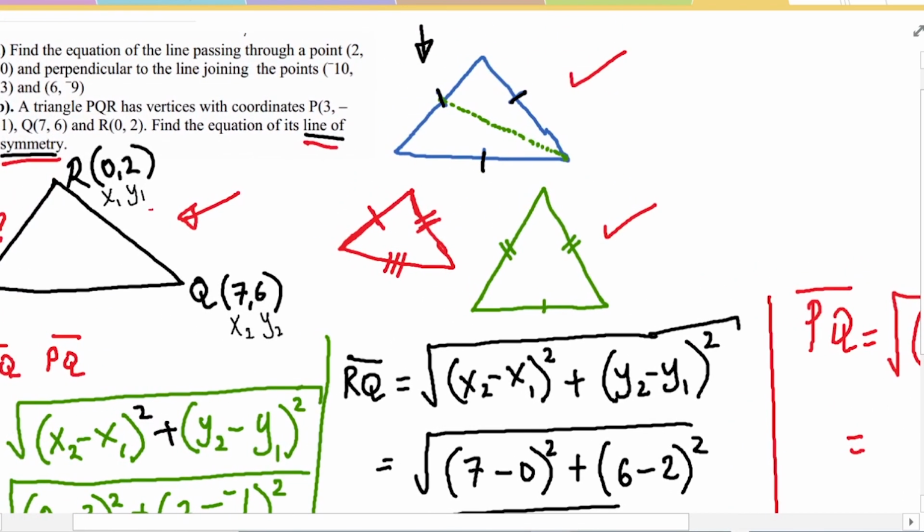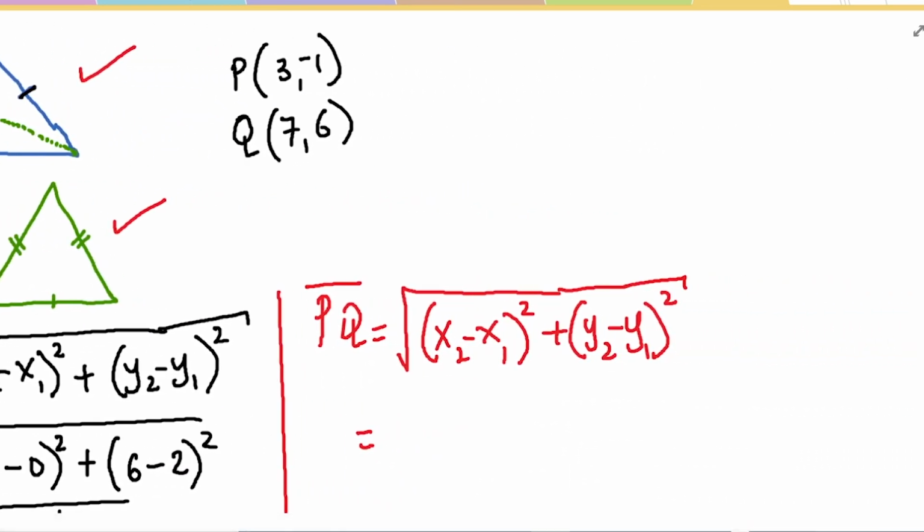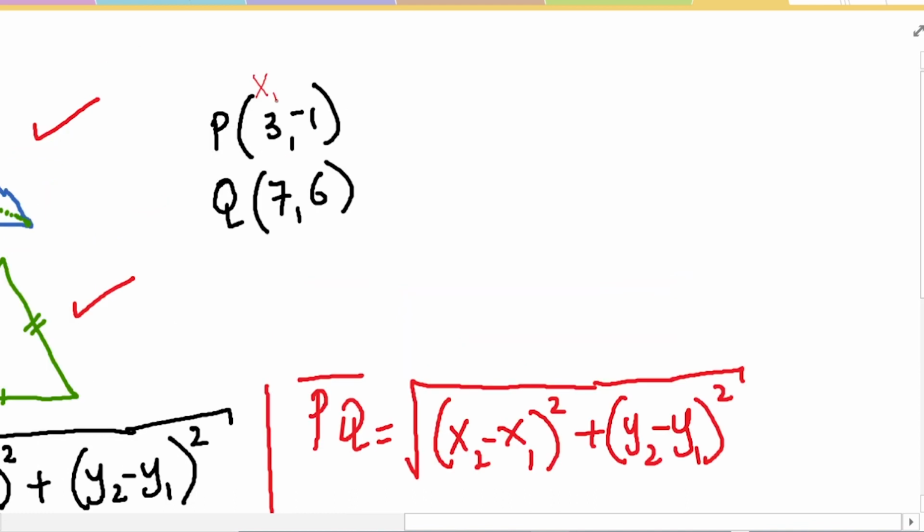To avoid over scrolling, let me put these things here. P is (3, -1). Q is (7, 6). We only need PQ. So this is x1, y1, and this is x2, y2.